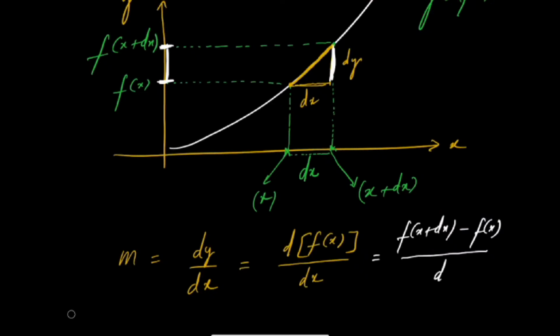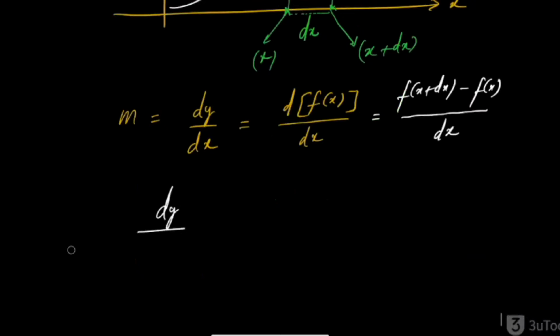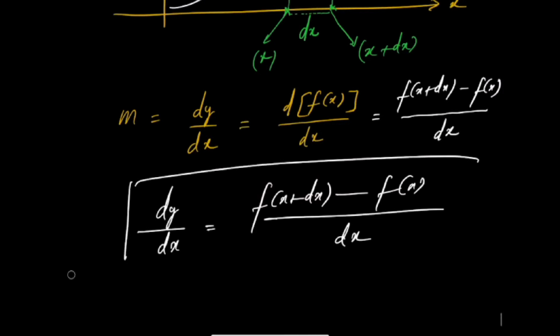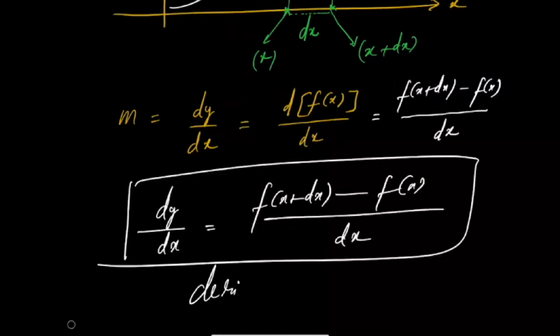By what is dx? dx is dx, so write dx. Or you can write x plus dx minus x, still you will get dx. So what is the formula for dy by dx? dy by dx is f of x plus dx minus f of x, by dx. Correct?